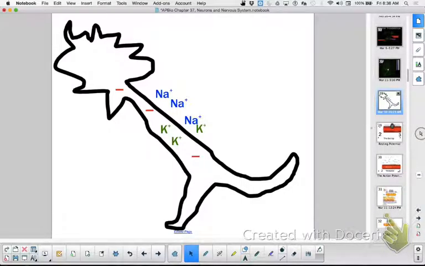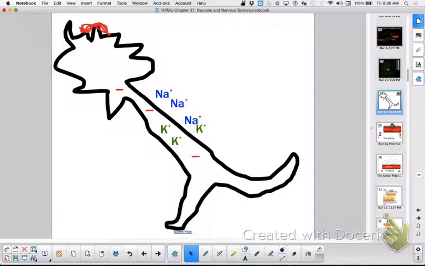So the outside is positive and the inside is negative when a neuron is resting, and it's ready to fire. So you can have some sort of neurotransmitter, perhaps, or stimulus bathe right here. What's this part of the neuron? The dendrites, which starts to open up sodium gates, which allows some sodium to come in.